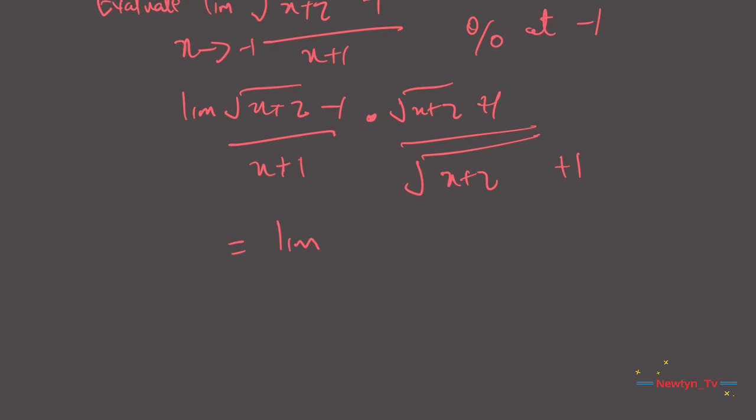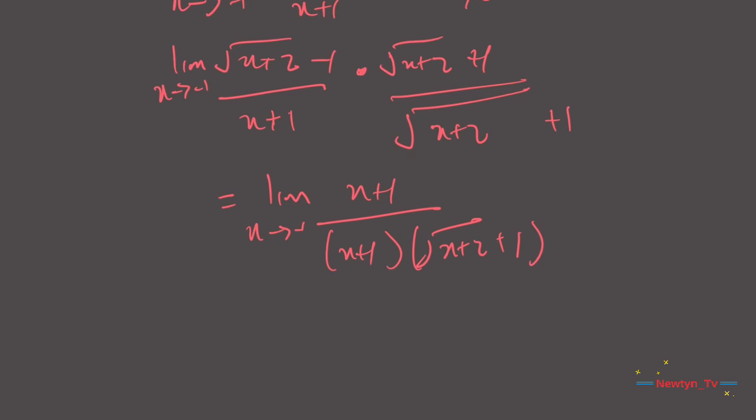When we multiply this, we are going to get the limit of x plus 1 over x plus 1 multiplied by the root of x plus 2 plus 1, as x approaches negative 1.